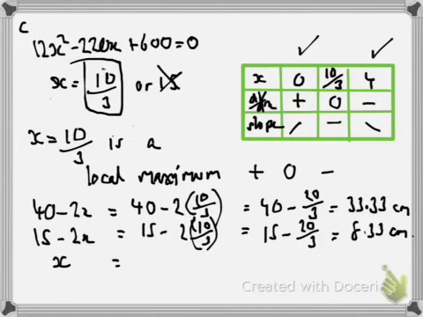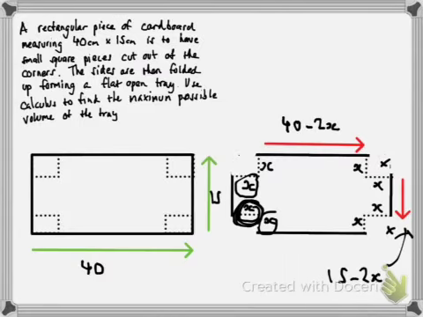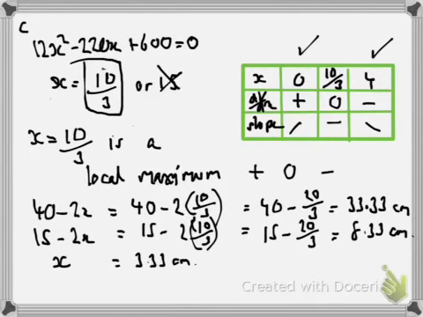And x is 10 on 3, so that's 3.33 centimetres. So going back to our question, the dimensions here for maximum volume are going to be 33.33, 8.33 and 3.33. So I'll just put those there.